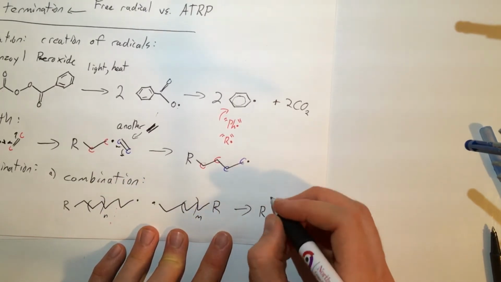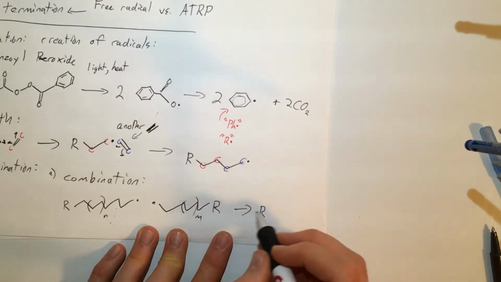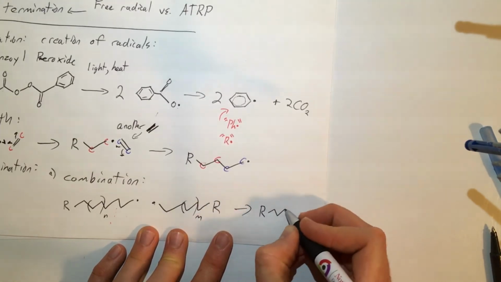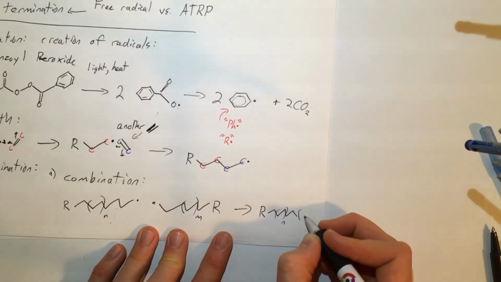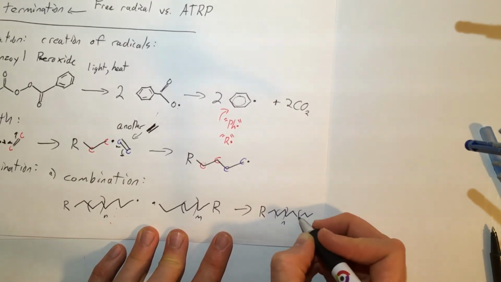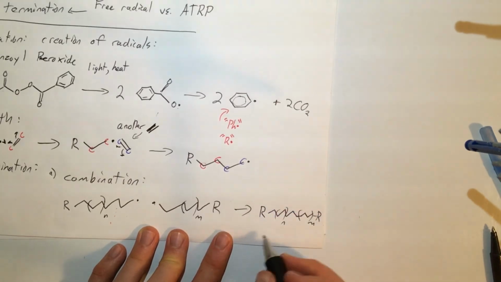So what does that look like? Well, we have our radical from our initiator, a big long chain where we had N, the connection, and then another chain where we have M, and then the radical on the other side.